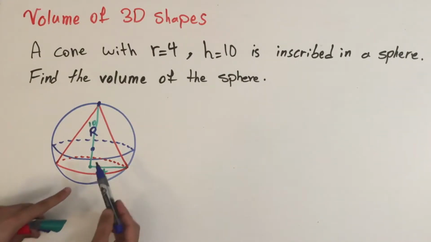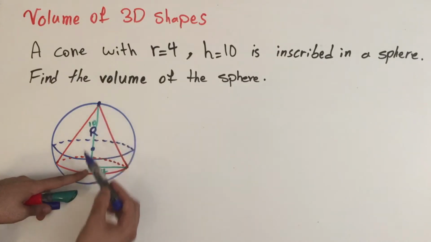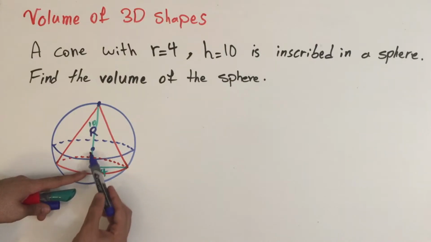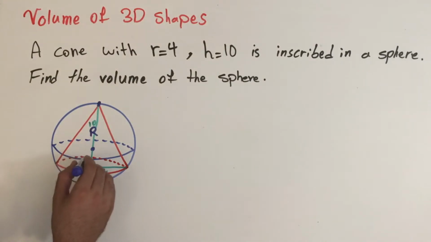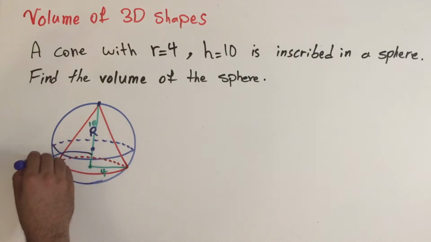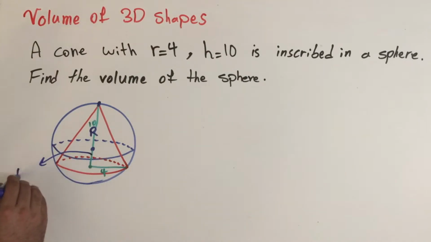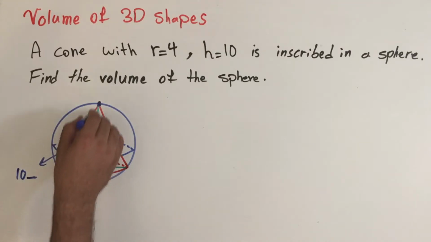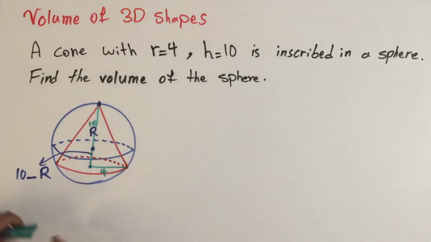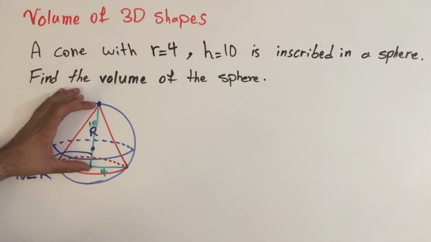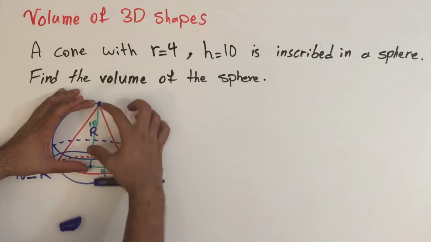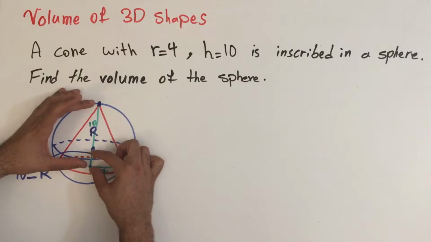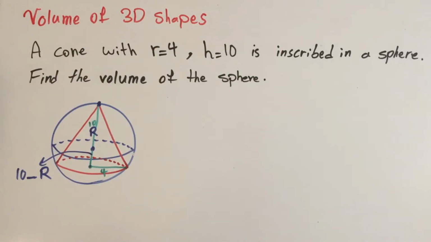And so as a result, the whole line segment here is 10 and this part is r, so this small part is going to be 10 minus r.